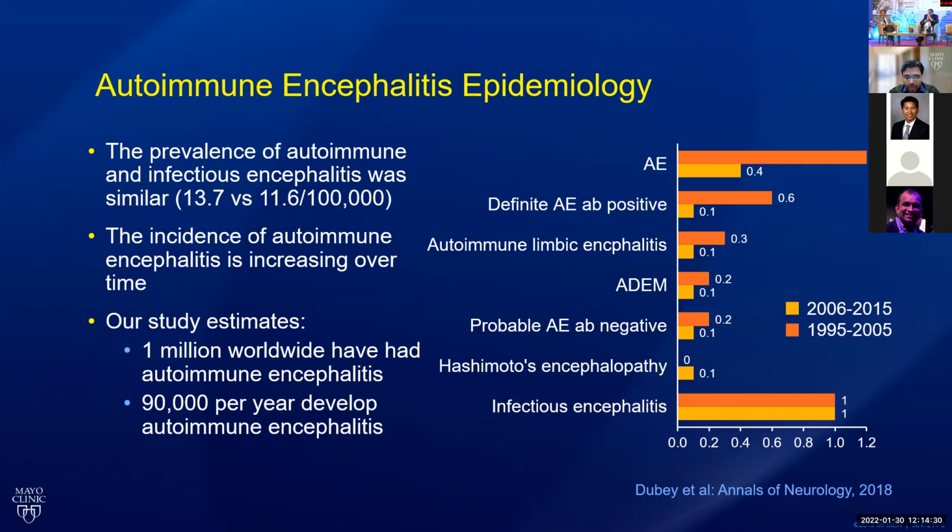It is probably because the recognition of encephalitis is going up because of more utilization of these antibody panels. And if we extrapolate our data on a worldwide scale, we can say there are about 1 million cases of autoimmune encephalitis worldwide, and about 90,000 people get autoimmune encephalitis every year. So it's not as uncommon as once it was thought to be.